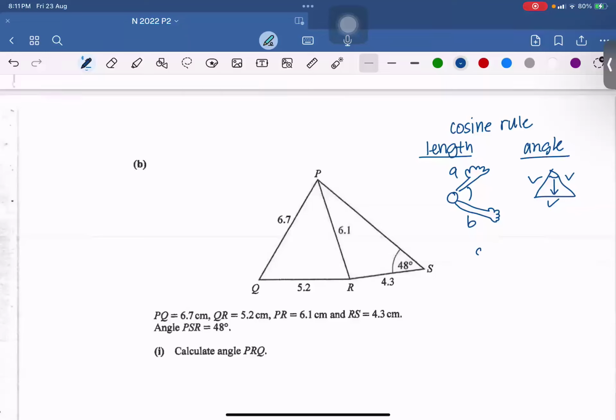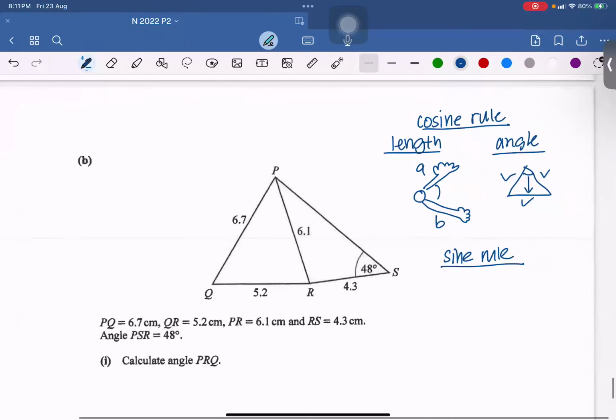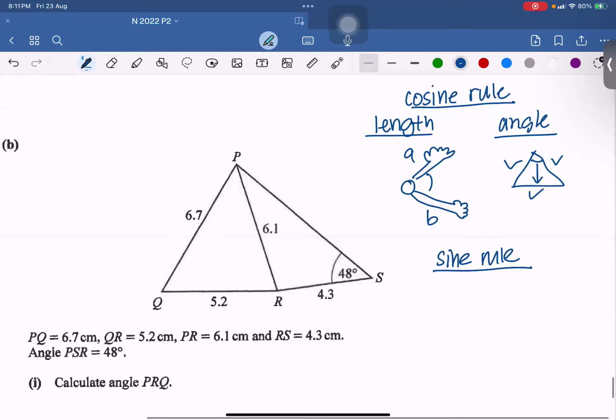Then when do I use sine rule? Usually I always tell all my students, you try cosine rule first. When cosine rule fails, you don't have the two hands and one included angle, it means you have to use sine rule. It's very simple and straightforward. Okay, and sine rule comes in two different versions. If you want to find the length, I will put the length over sine angle.